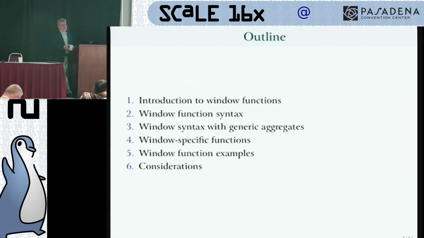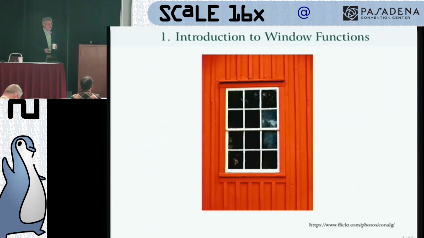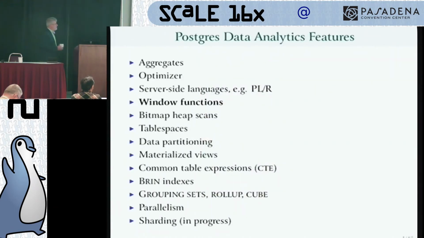Then we'll talk about window-specific functions, things like lag, lead, and rank. And then in section 5, it really gets interesting, where we take a real-world example and do analytics on a particular table with a certain number of employees. And finally, we'll finish by discussing considerations of window functions. Okay, so, introduction to window functions.